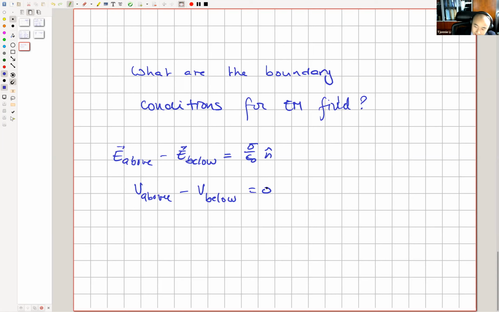What about the directionality, at least? Can we say something about the directionality? Okay. Alex saying B above minus B below is mu naught K cross N hat. So Alex, is this field parallel or perpendicular to the surface?